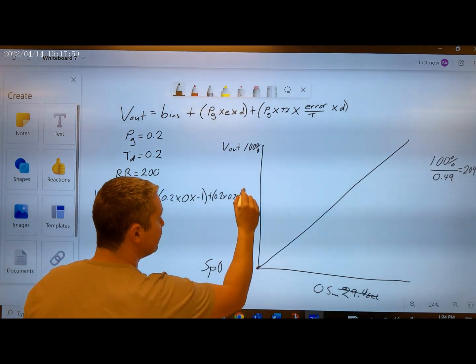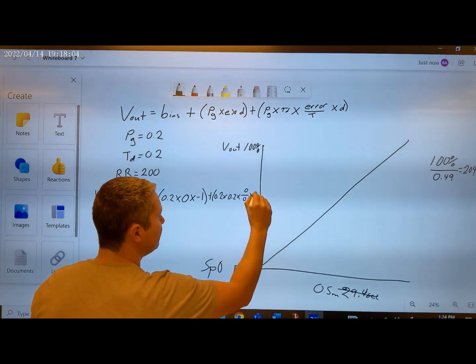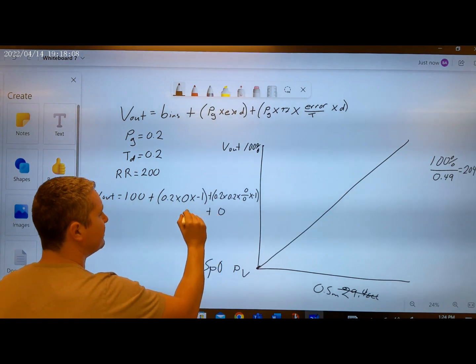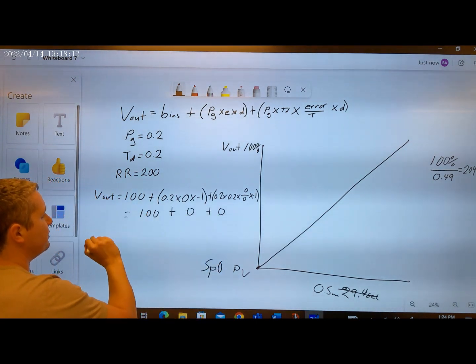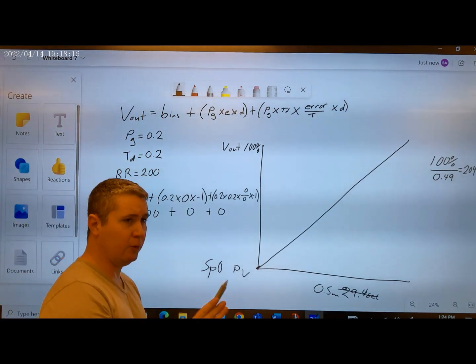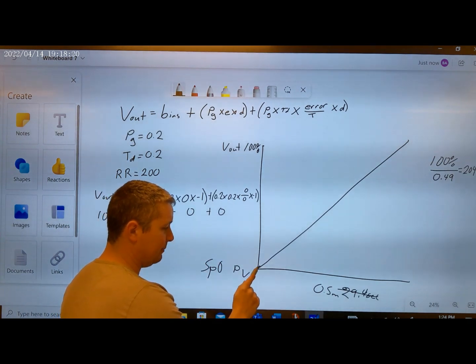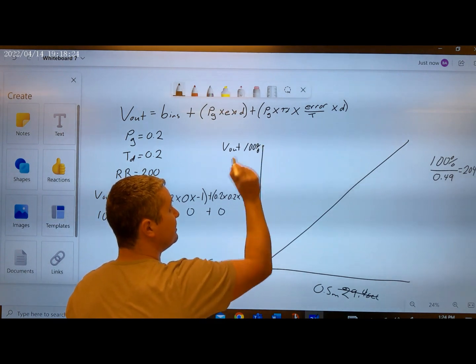Our error is 0 and our time is 0, times our direction, which is minus 1. So that equals 0 plus 0 plus 100, which equals 100. So our starting point, if we start this ramp at the beginning, when things just start, we're at 100% output.